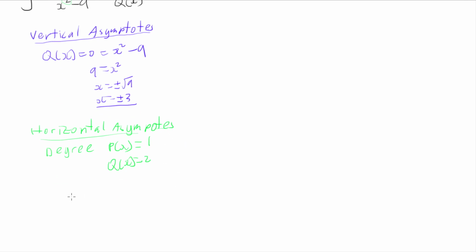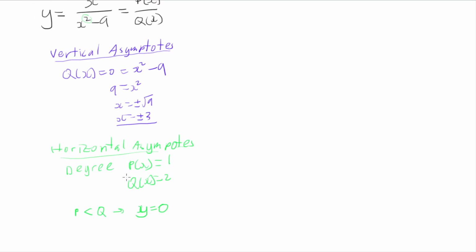What I want to look at is whether they're the same, or one's bigger than the other. Here the degree of p is less than the degree of q, and that means I have a horizontal asymptote at y equals 0. If p was bigger than q, I would have no horizontal asymptote, and if they were the same, then I would have to look at their coefficients.